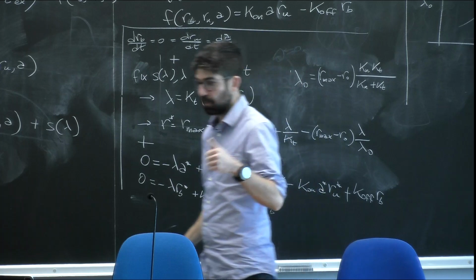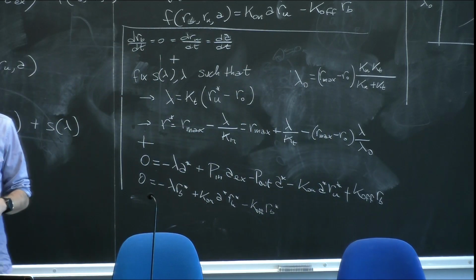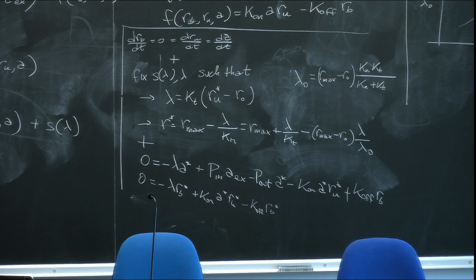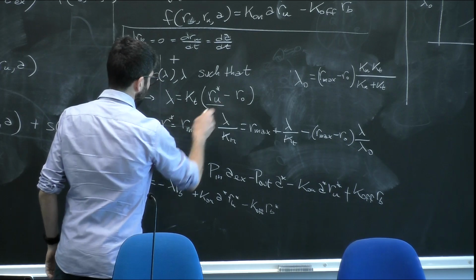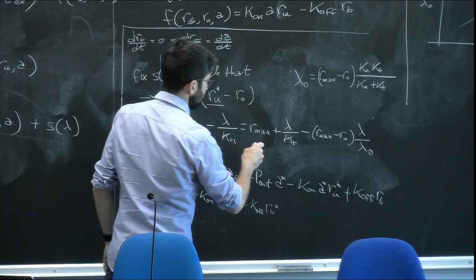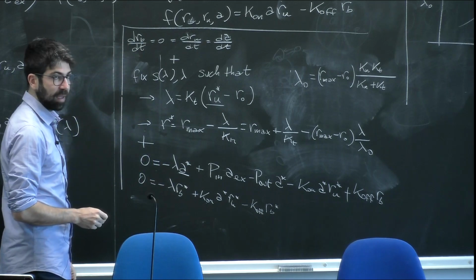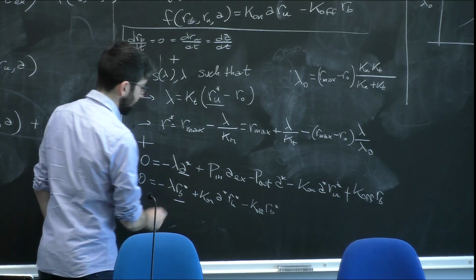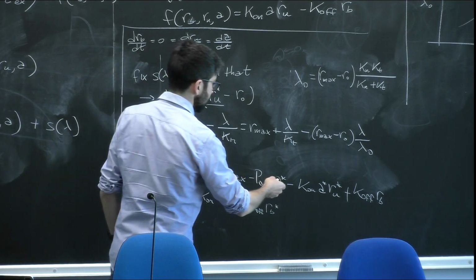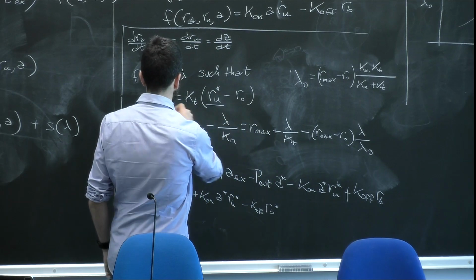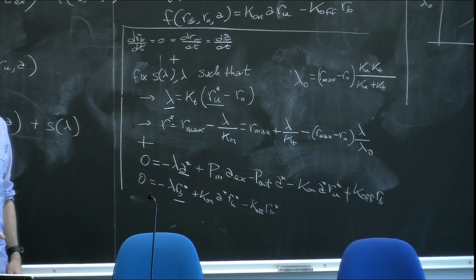Thank you. So what I have here is 4 equations for 4 variables. What are the 4 variables? Ru, A star, the internal concentration, Rb, and lambda.